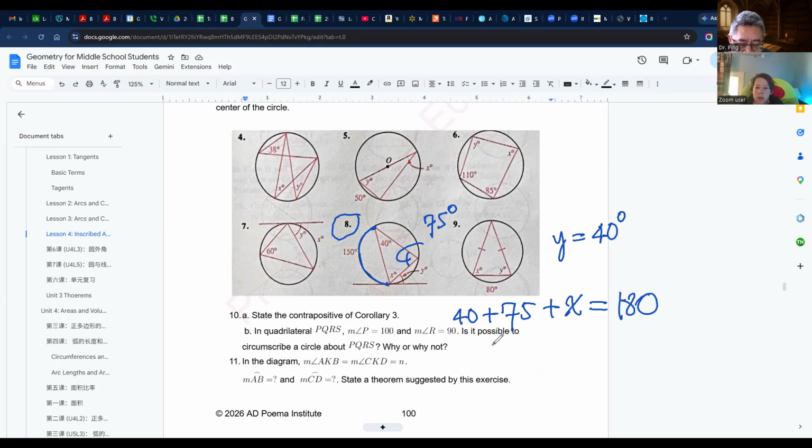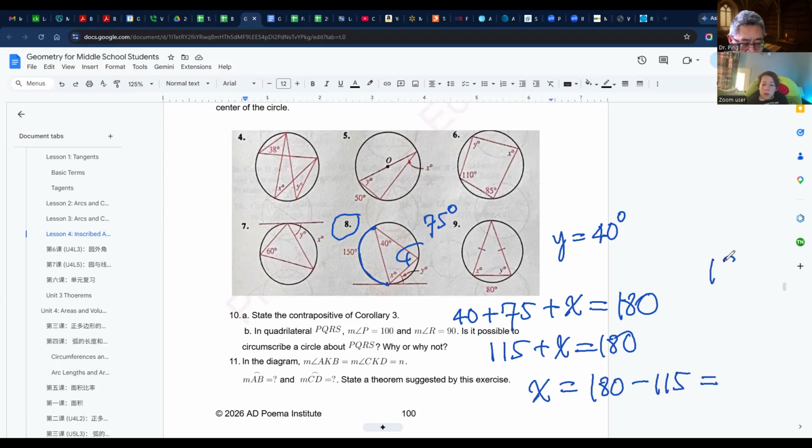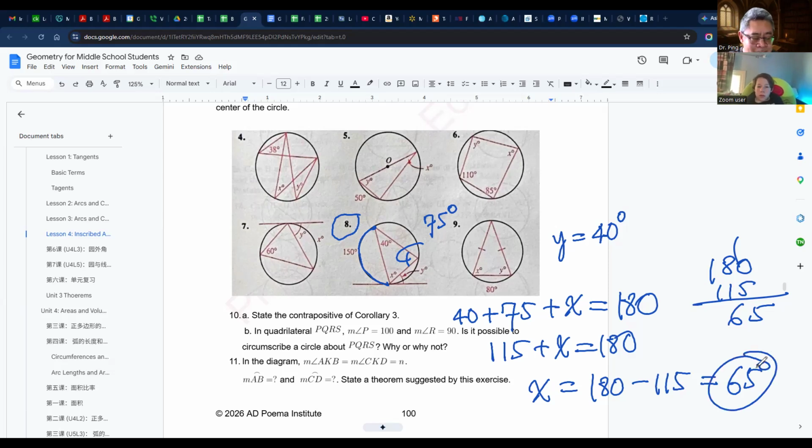So therefore, 115 plus X equal to 180. Then X will be 180 minus 115, which gave us 65. Good.